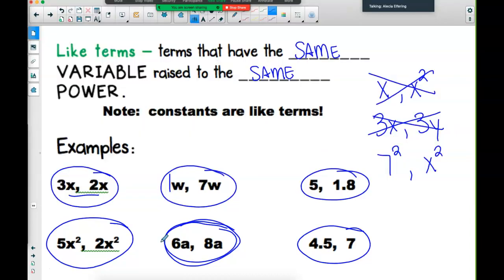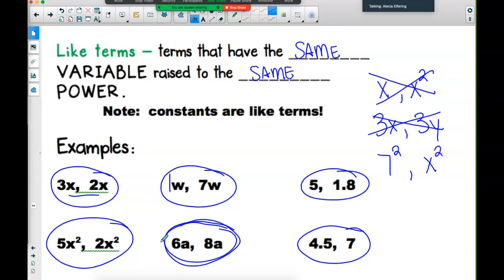7 squared and x squared? Thumbs up or thumbs down? Are they like terms? Seeing some yeses and some nos at home. Here I'm seeing two people yes.